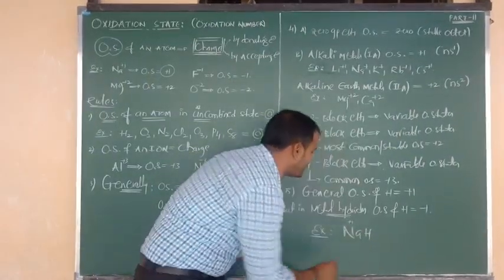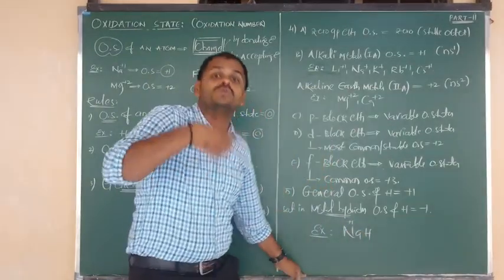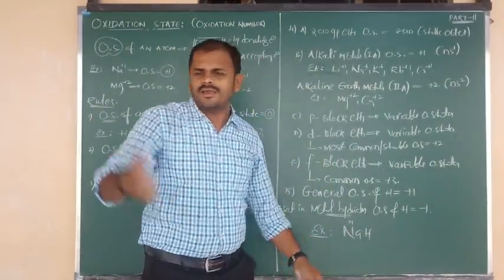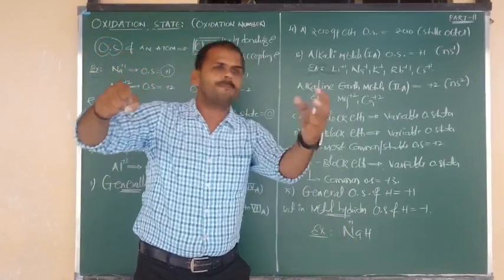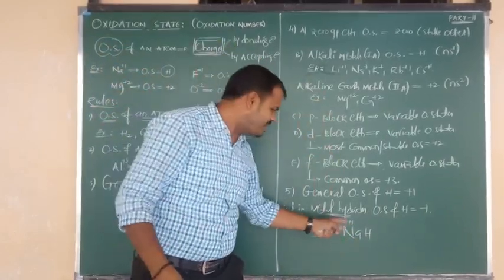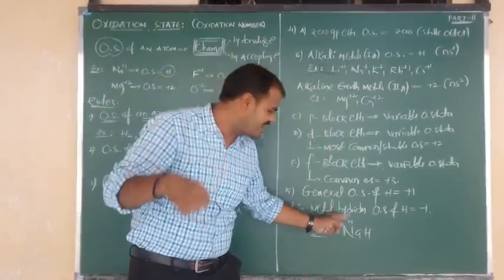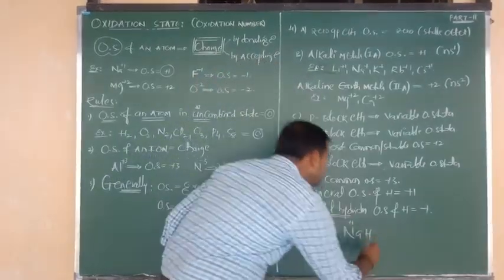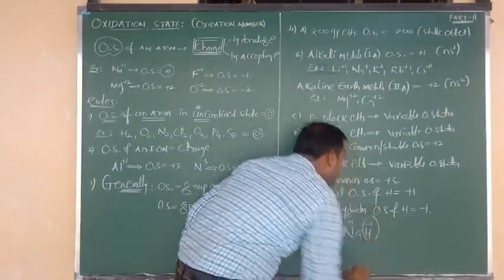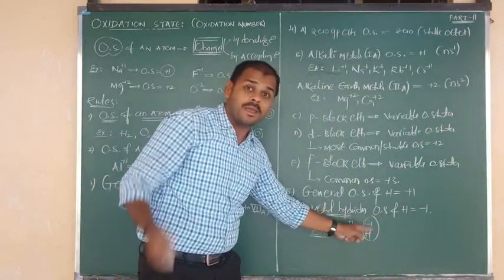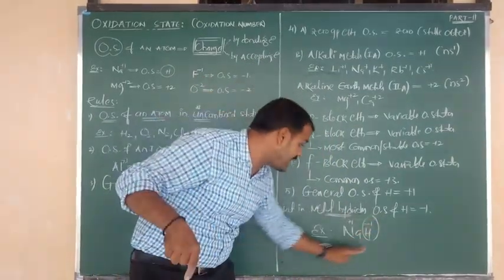What is meant by +1? It has a tendency to lose 1 electron. Now if A is ready to lose one electron, B should gain 1 electron. Sodium loses 1 electron, charge is +1. Hydrogen should get 1 electron, so the charge is -1. So the oxidation state of hydrogen is -1 in metal hydrides.